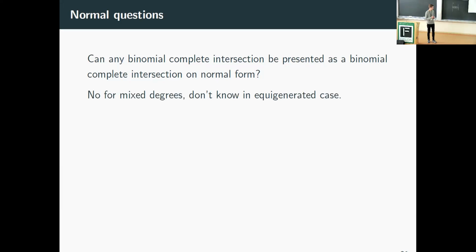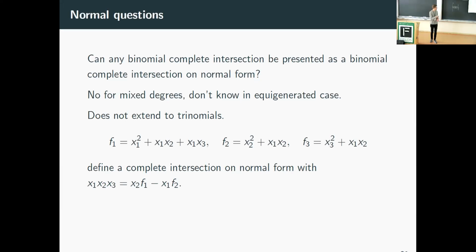Another thing one might say is, okay, now we have done a lot of nice stuff for binomials. We were able to go from monomials to binomials and prove a lot of nice stuff. Can one go further? Can we include a third term in our polynomials? In general, no. The following three do define a complete intersection.